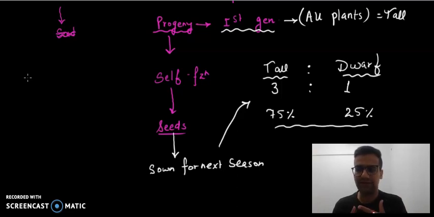The first step was selection of the parental plant, the second was cross pollination, and the third was self-pollination or self-fertilization. Upon self-fertilization, he obtained the ratio of 3:1, that is 75% to 25%. This is how Mendel observed the 3:1 ratio in Pisum sativum.